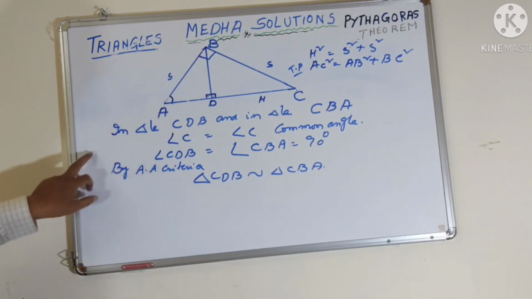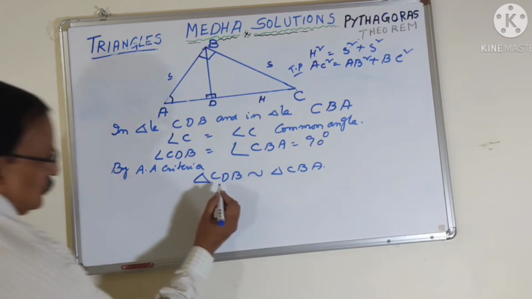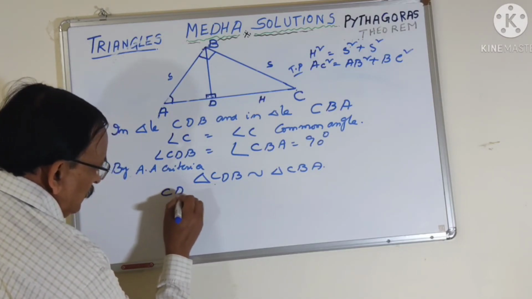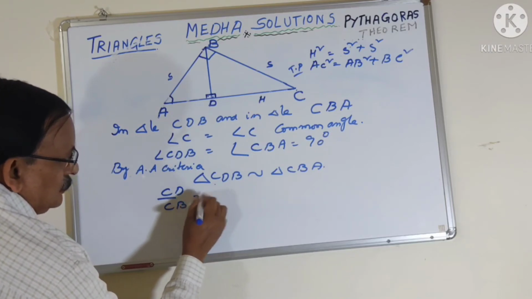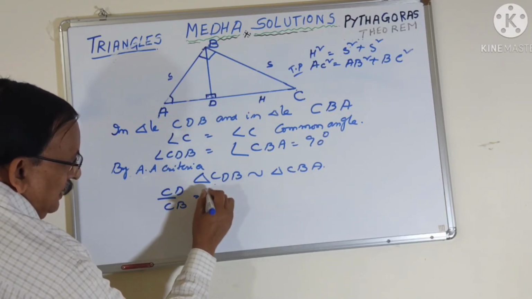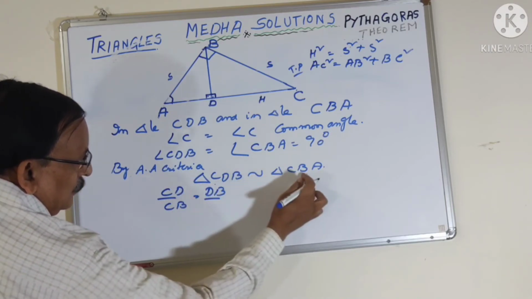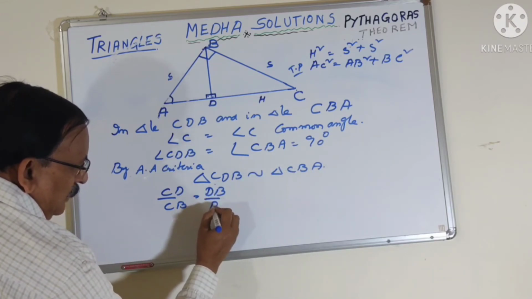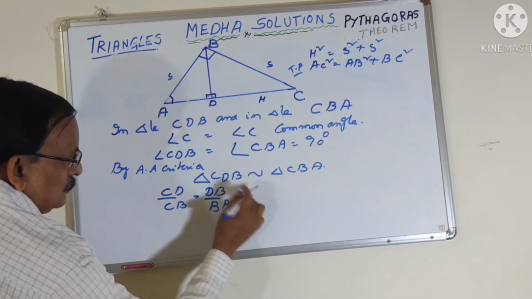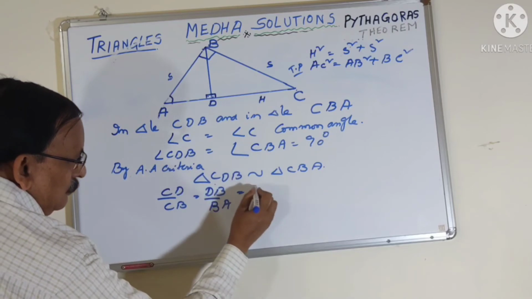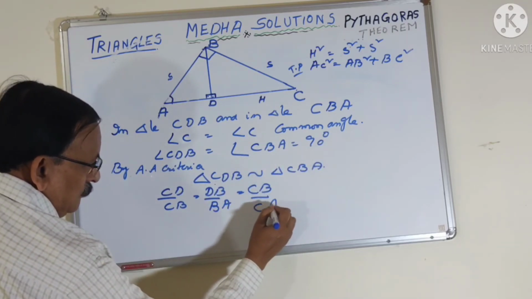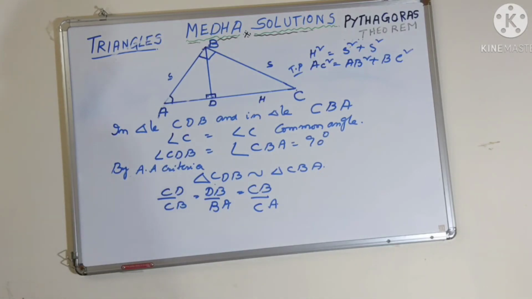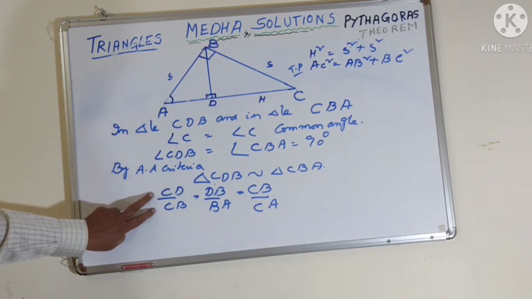We proved it with the AA criteria, and then the ratios. First two letters CD by first two letters CB is equal to second two letters DB by BA, or AB, is equal to third one CB by CA. Here CB is in this fraction and CB is also in this fraction.